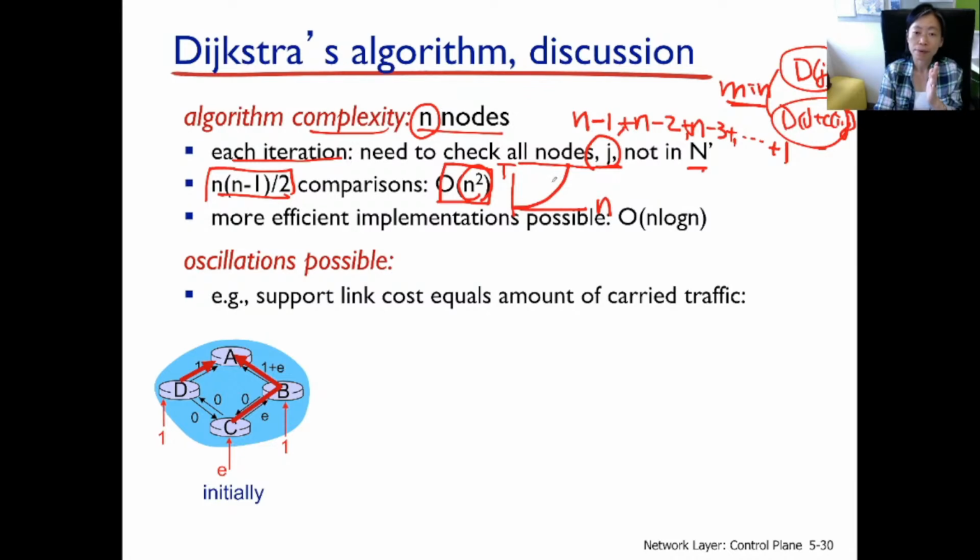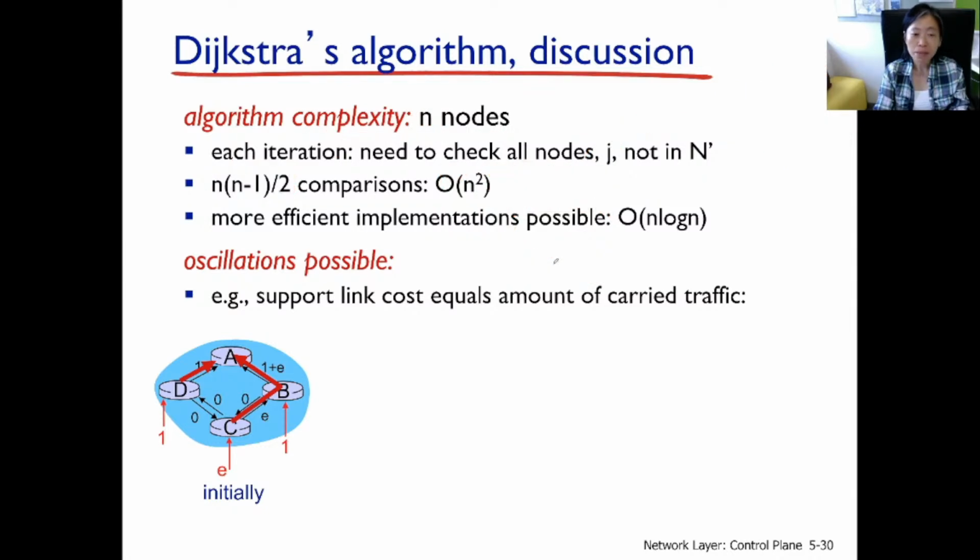When the network goes really big, the time requirement goes in this trend, like an n squared curve. Now, if it's only big O n, the curve is linear, a straight line. Sorry, the line is not very straight here. Now, there's an implementation available for the Dijkstra algorithm such that we could do with only n log n. This is better than n squared.